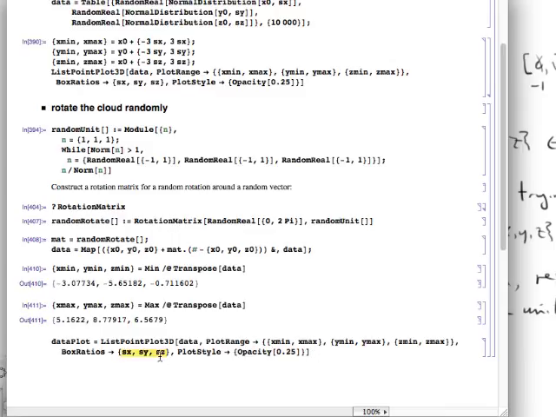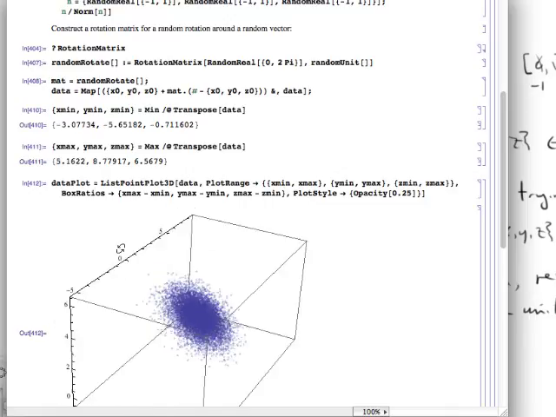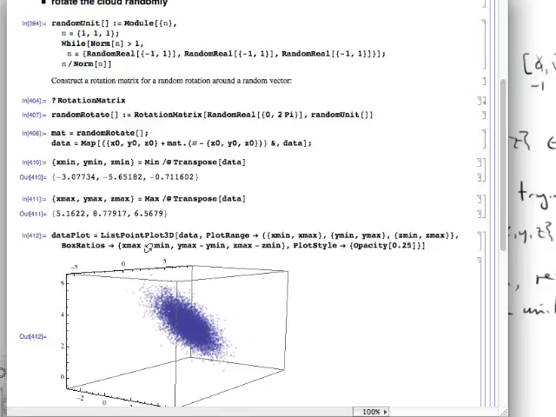I need them to be like so. Okay, so my cloud is now rotated in some other totally off-skew kind of direction. Fine.